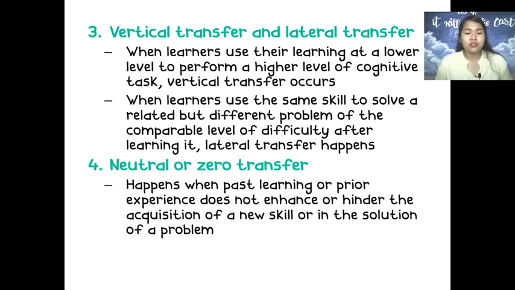And last, neutral or zero transfer happens when past learning or prior experience does not enhance or hinder the acquisition of new skill or in the solution of a problem. Yun. Kapag more likely nagkakaroon ng disequilibration. Okay? Kung saan, yung existing knowledge natin, nagiging dahilan patuloy siya na makahadlang doon sa bago nating tatanggapin na knowledge.